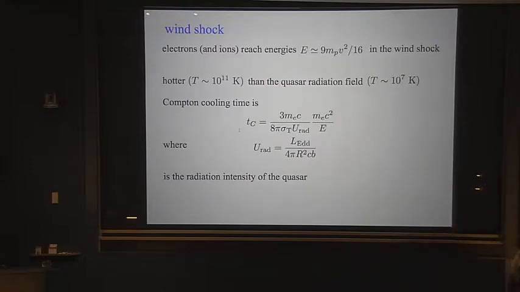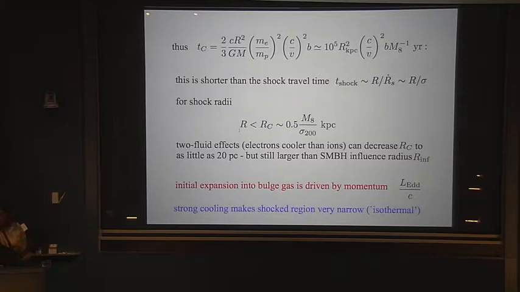And so then you can calculate what the Compton cooling time for this plasma is, and you can put in the input radiation as that of the intensity of the quasar, say, accreting at the Eddington limit. And then you can see that the Compton cooling time is actually shorter than the shock travel time.